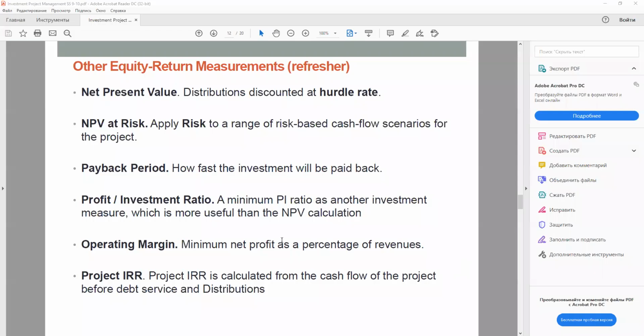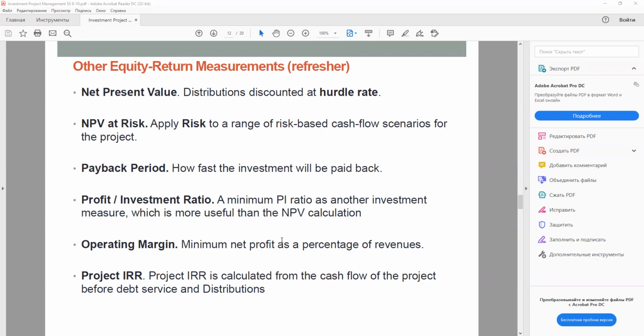Operating margin. Companies also inevitably look at how the investment in the project will appear in their published accounts, as well as these cash flow based calculations. A standard measure here is the operating margin, that is net profit as a percentage of revenues.